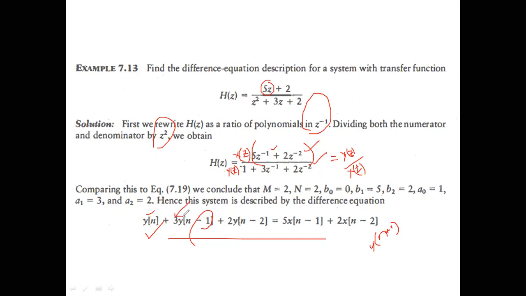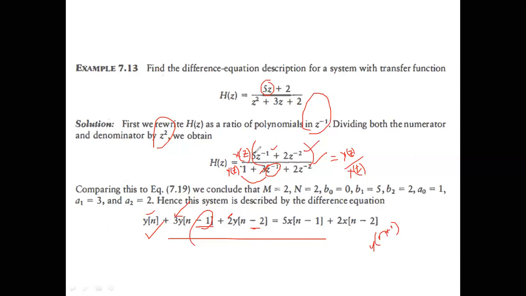It's a linear system, so the constant remains. z to the power minus 1 into y of z, by the time shift property, gives you y of n minus 1. 2 remains a 2. z to the power minus 2 into y of z, because of the time shift property, gives you y of n minus 2.